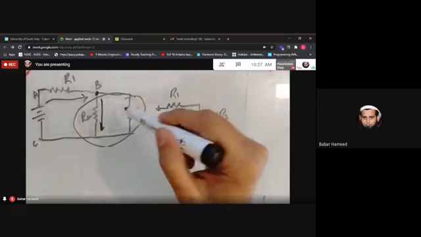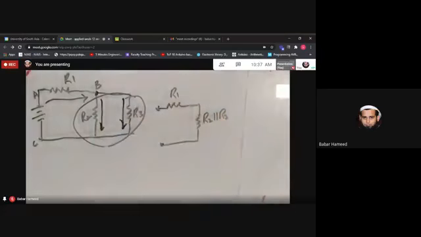One path is R2 and the other path is R3. And these two branch currents then combine here, and the total current into the negative terminal of the voltage source will be the sum of the currents through R2 and R3.